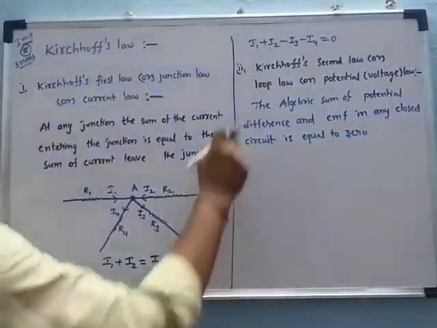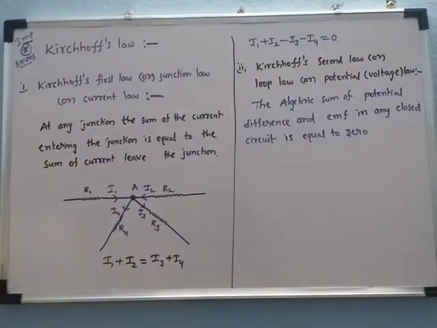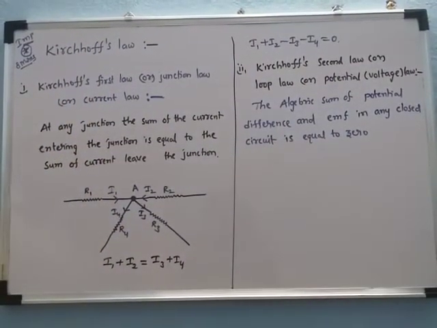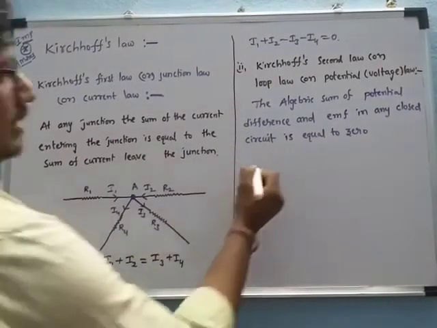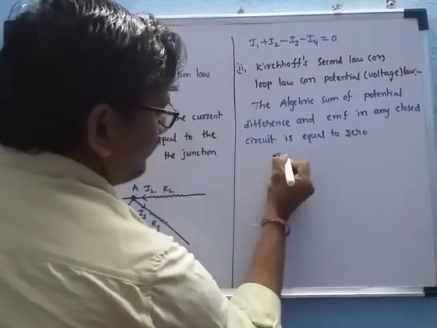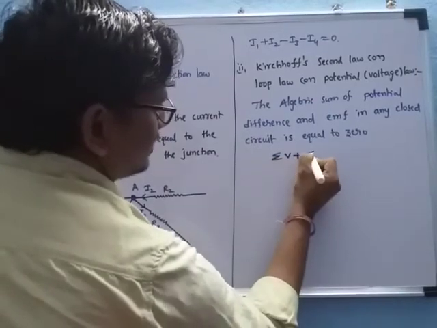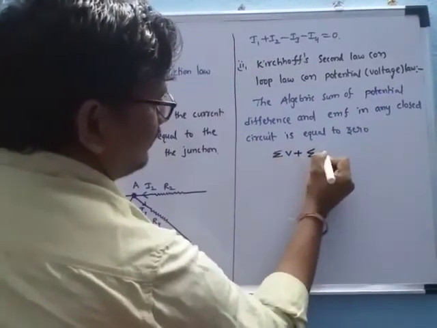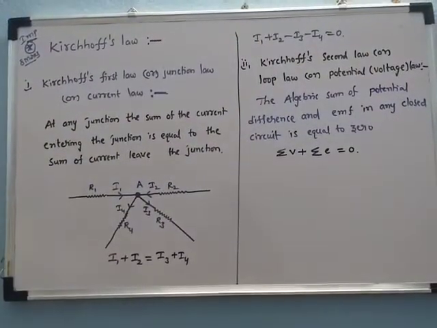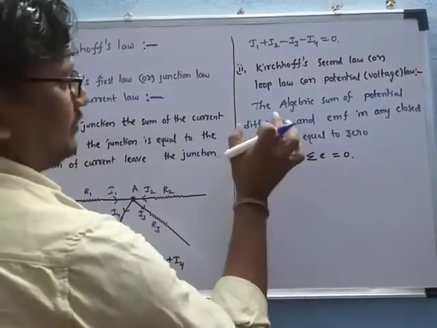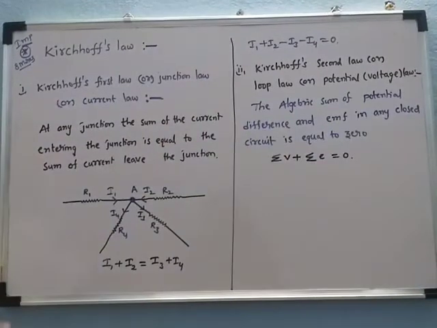This is Kirchhoff's second law, also called the loop law, potential law or voltage law. Now this is the equation: the sum of potential differences plus the sum of EMF E is equal to 0. Now we can write this formula, but here there are some rules.